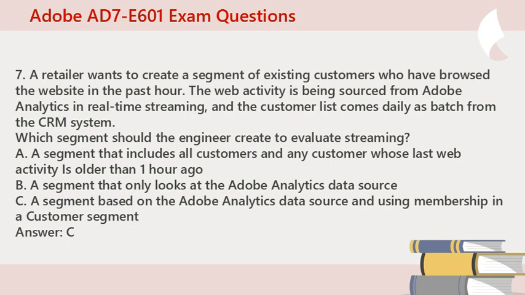A. A segment that includes all customers and any customer whose last web activity is older than 1 hour ago. B. A segment that only looks at the Adobe Analytics data source. C. A segment based on the Adobe Analytics data source and using membership in a customer segment. Answer: C.